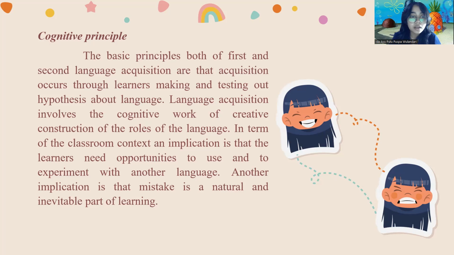And in terms of the classroom context, the implication is that the learner needs the opportunities to use and to experiment with another language. And another implication is that the mistake is natural and inevitable part of learning.